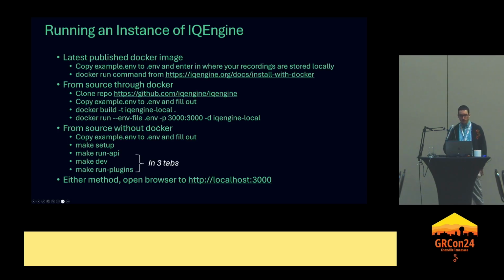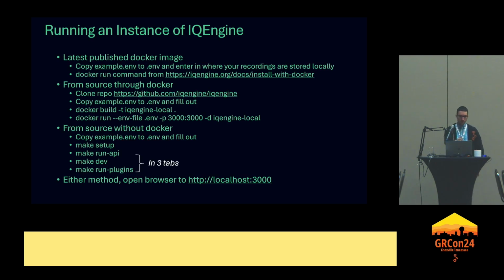And then what I tend to do for development is run from source without Docker, in which case you have to run the back end and the front end separately, and then you have to do all the pip and npm installs on your local machine. You also have to have GNU Radio running locally if you want GNU Radio plugins to work. So the Docker images are very useful for testing out stuff like the GNU Radio and sat-dump plugins. You don't have to care about what kind of environment you have configured.